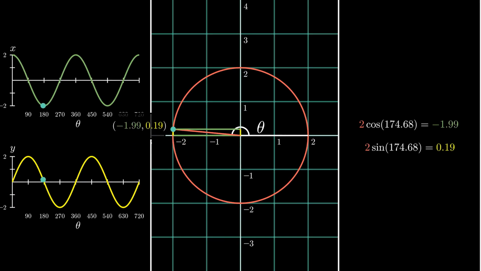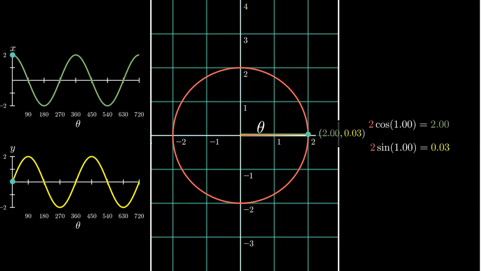Notice that when we make a rotation that's greater than 360 degrees, we are again in the first, second, third, and fourth quadrant, depending on how far we go.